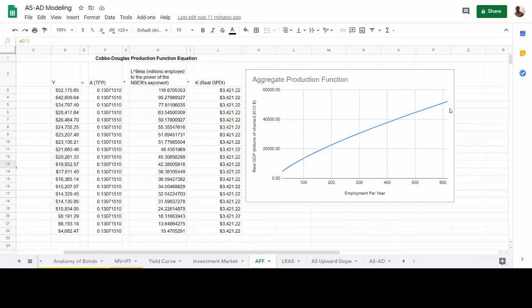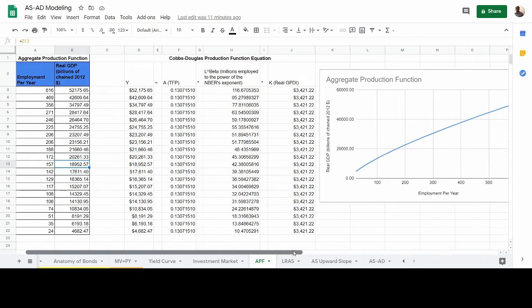The new person being brought into the economy is probably going to create less output than the person before them. So this diminishing returns, you can see in the way that this curve is positively related, but the slope becomes less steep as we move along the x-axis.